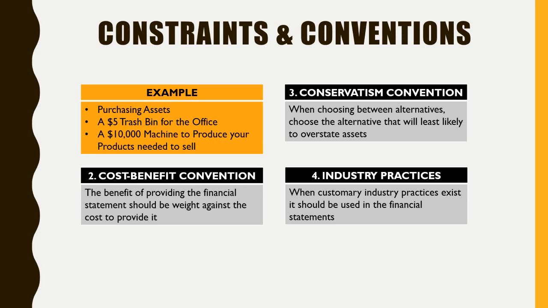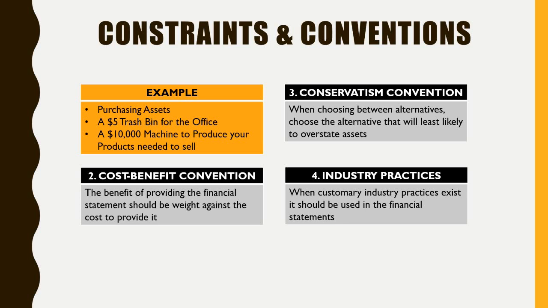Is it going to drastically change your numbers? Is it going to affect your business in any way if you record a simple $5 trash can as something that you own for the office? In that case, you're better off writing that as an expense, right? That you purchased it for the office and it's an expense, as in you bought it for this month and that's it. That's all you have to record it for this month.